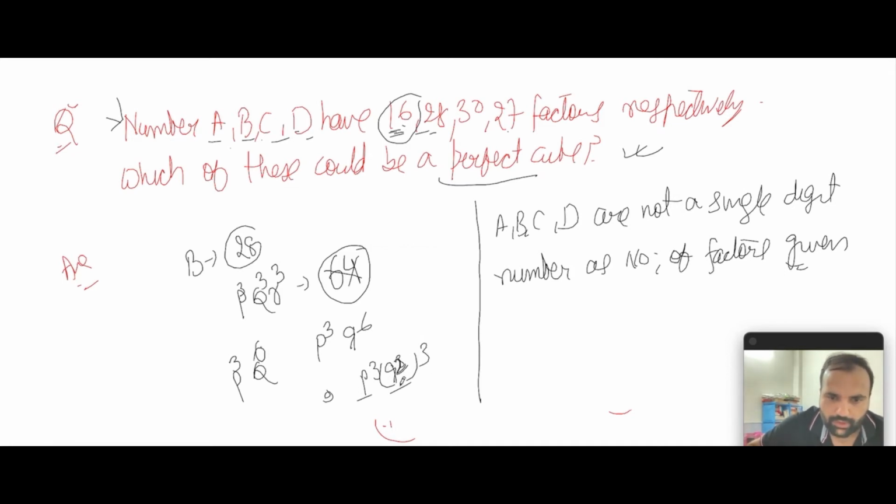So it's a cube. So 28 can be written in this way. We can have a 2-digit number again, P cube and Q6, and we would have 4 into 7 equal to 28. So we can be very sure that this also is a cube.